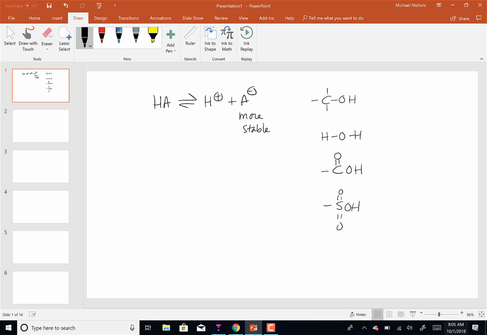So for instance, I'm going to think about this CO minus, which is called an alkoxide. Or I'm going to think about the hydroxide. Or the carboxylate.